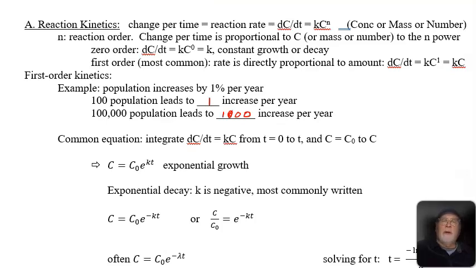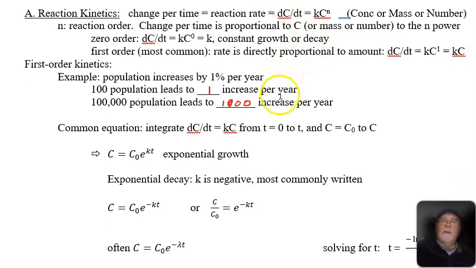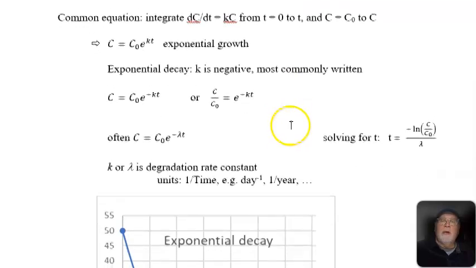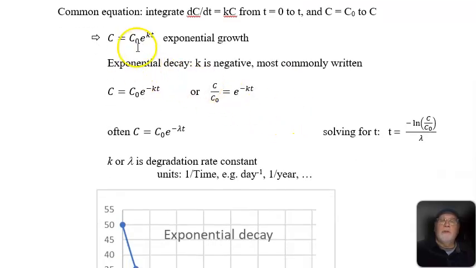So if I integrate this equation up here, dC/dt equals k times C, from t of 0 to t, some later time, and C from C0 to C, we get C equals C0 e to the minus kt.